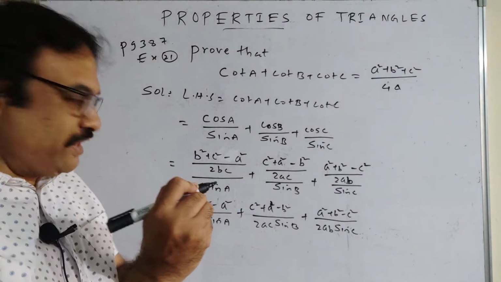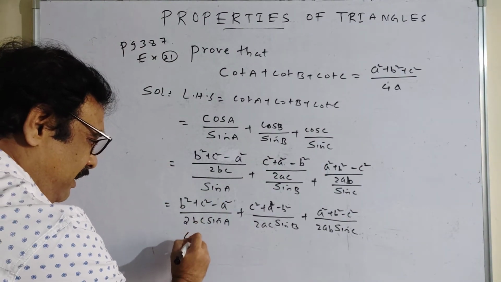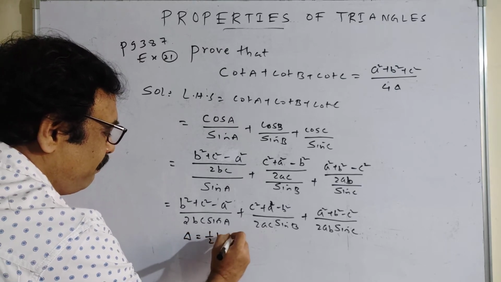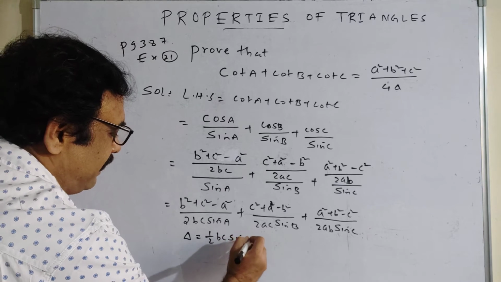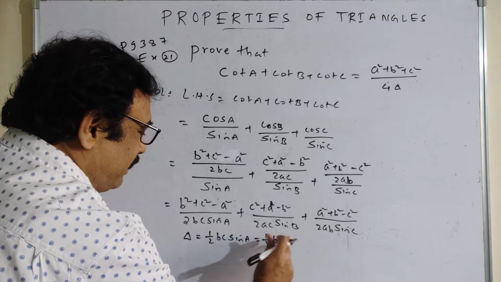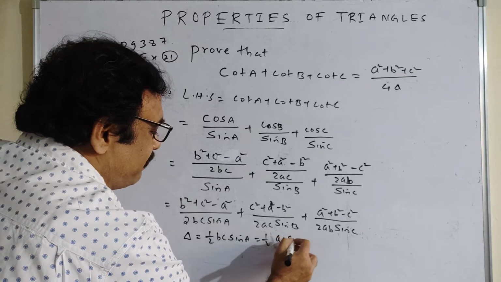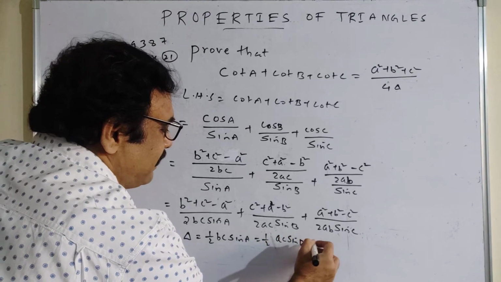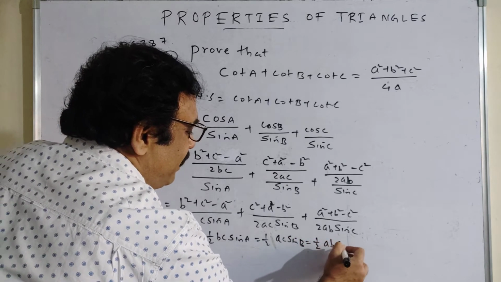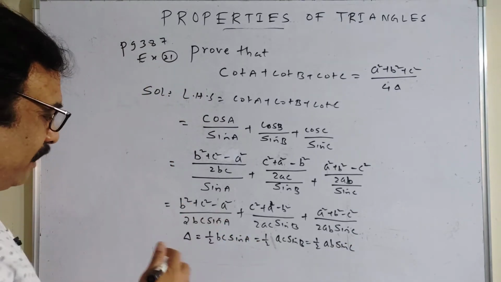I'll write one more step which is related to this. We know that the area of the triangle is denoted with half bc sin A, and half ac sin B, and half ab sin C. Why am I able to recapitulate this formula?